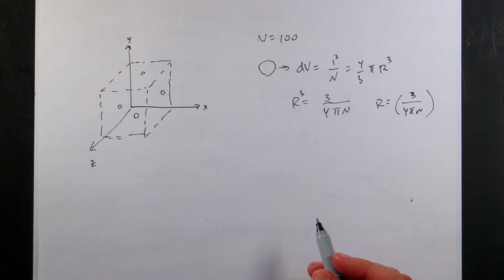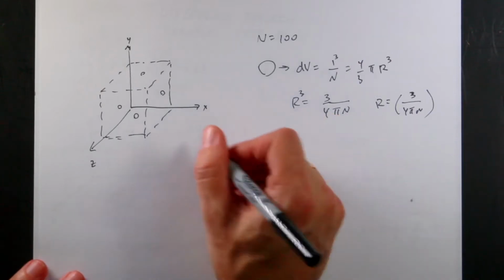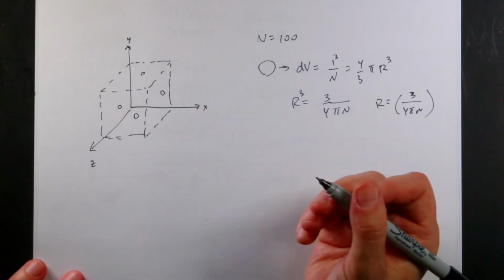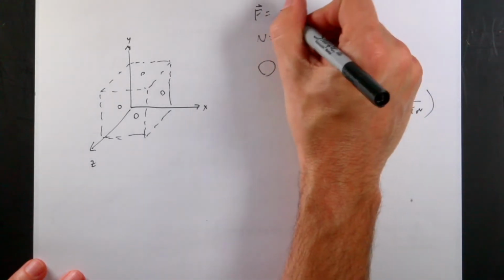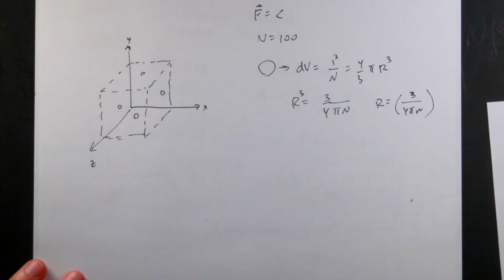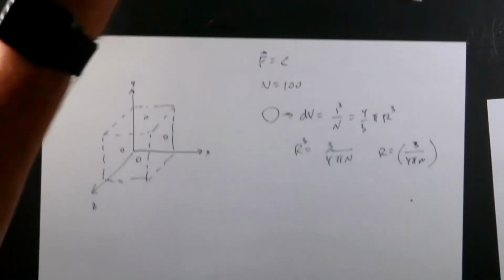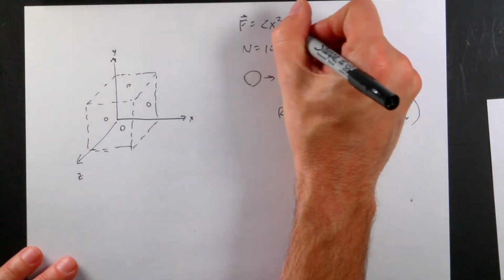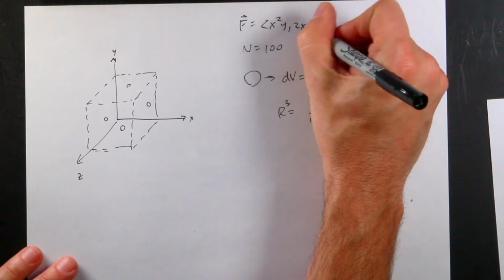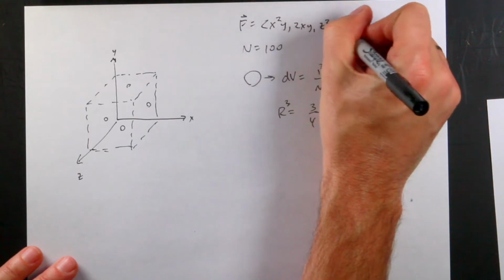What I'm going to calculate is the divergence, which I already had, so I'm still going to use this. F equals, where did my function go? There it is. I can use the same function f, x squared y, 2xz, z squared minus 2y.